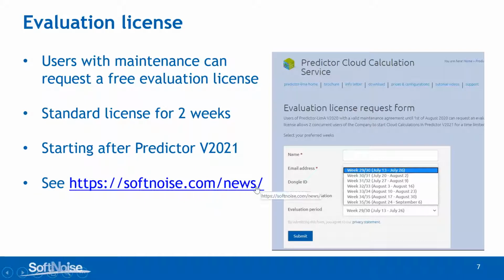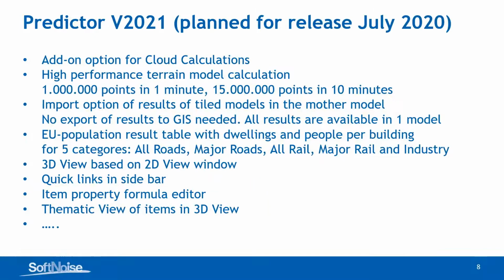And if you go to the news item, there's a link to the evaluation license request form. And there you can select which 2 weeks you would like to have an evaluation license. That's a very simple way of checking out for yourself if it's useful for you or not. And you will see that it's very useful.